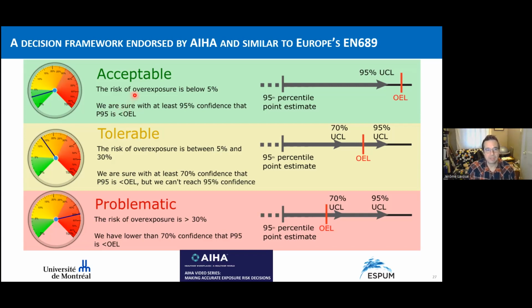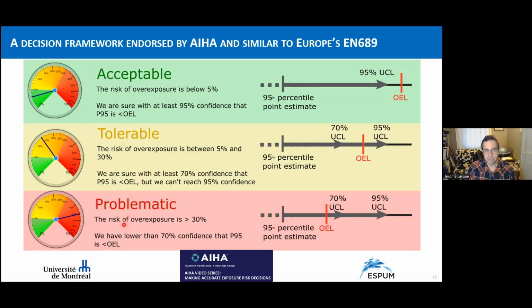So if the risk of overexposure is below 5%, very unlikely that there's a problem in that situation. We say it's green. If the risk of overexposure is between 5 and 30, we say it's tolerable.